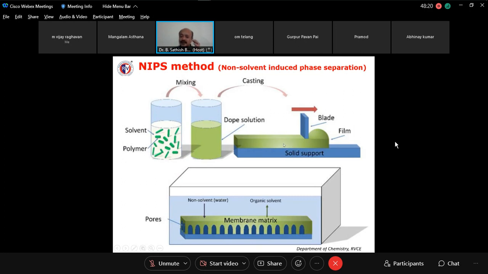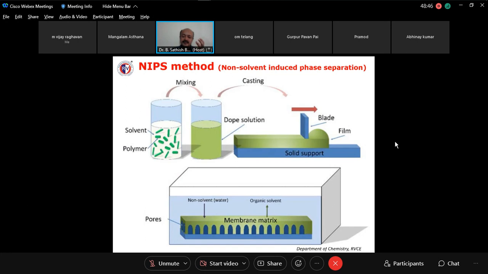They are not dried properly, right? So once you dip that one in water, what happens? Those solvent molecules will come out and dissolve in the water, right? When they are coming out, they form small holes like this. Okay, they form small holes, right? So this kind of membrane is used in your membrane technology.